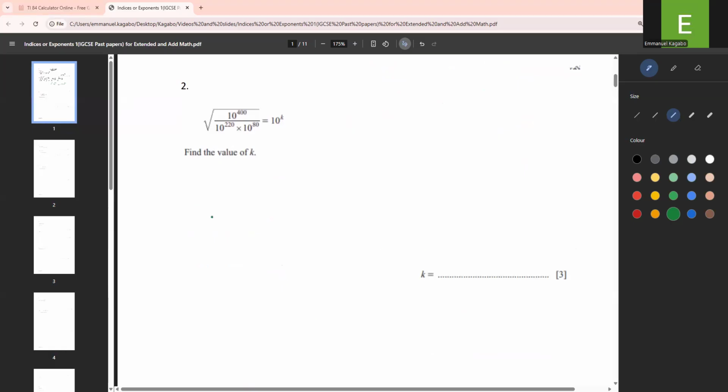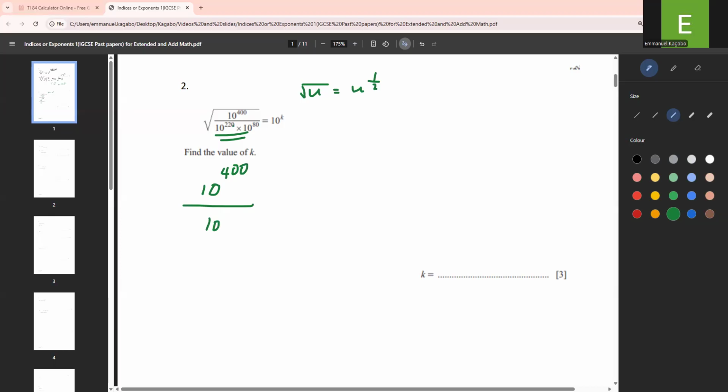Next question. This question is very good. Let us try to do it together. You have to know that if I say square root of 10, for instance, I mean 10 power half. I hope that comes to your mind. So what do I do here now? Let me first combine the denominator. So it's going to be 10 power 400. When you're multiplying numbers of the same base, you add.